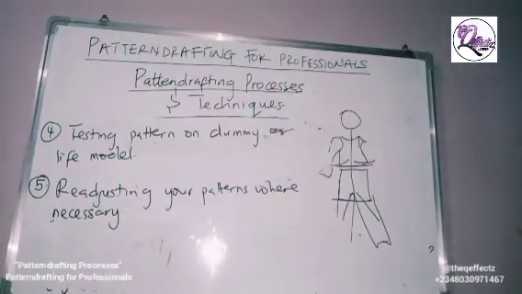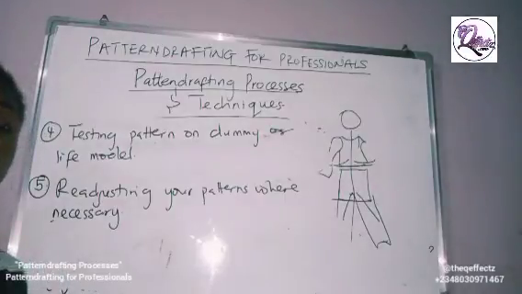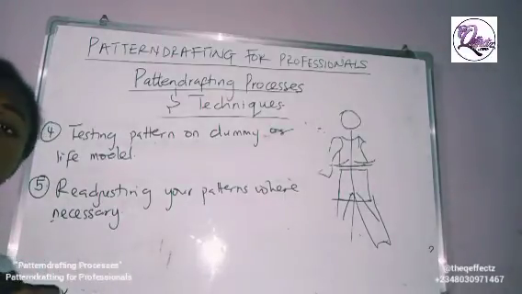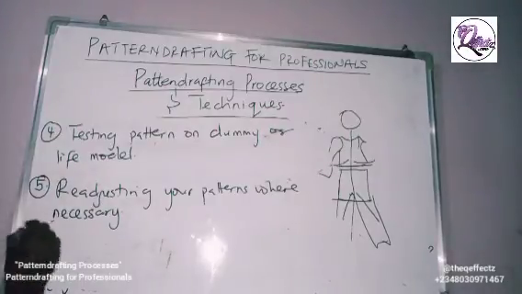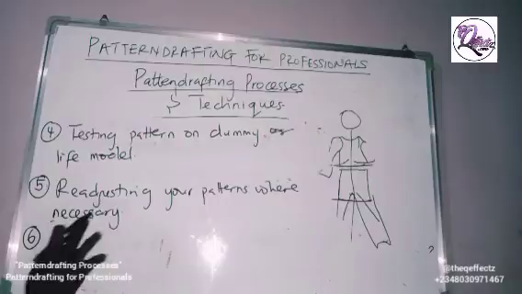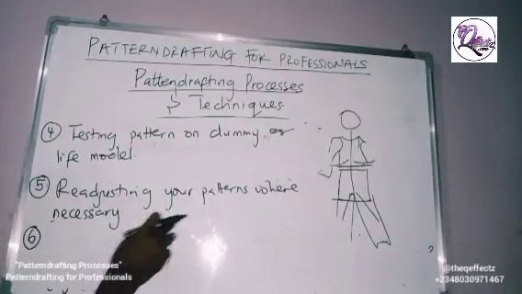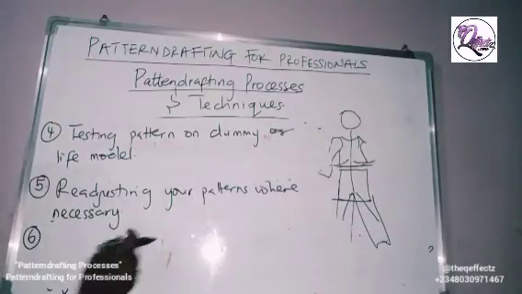Okay, so if your pattern does not come out the way you want it, you have to note those areas that do not fit very well, and then take it back to the table and note it on your pattern and adjust it.